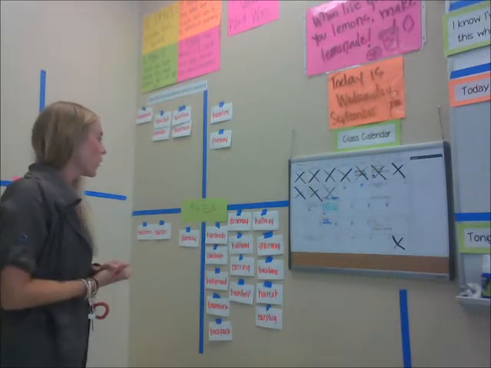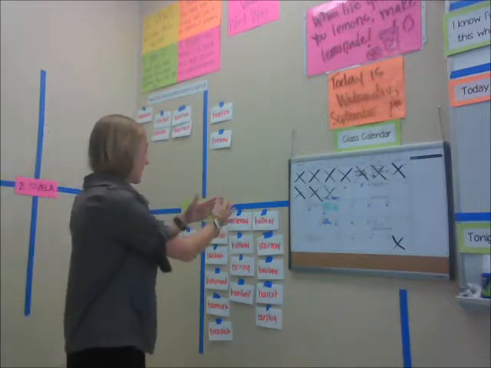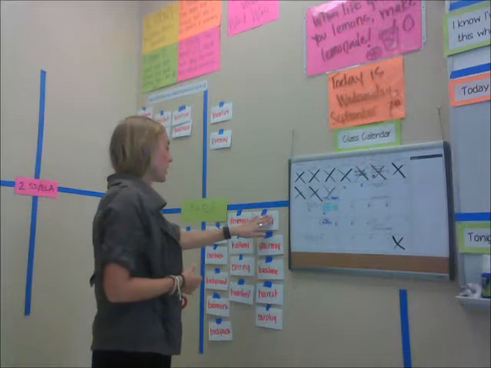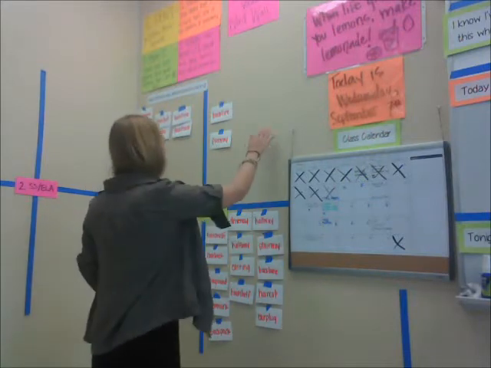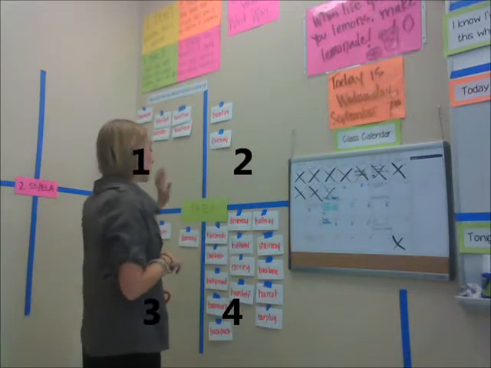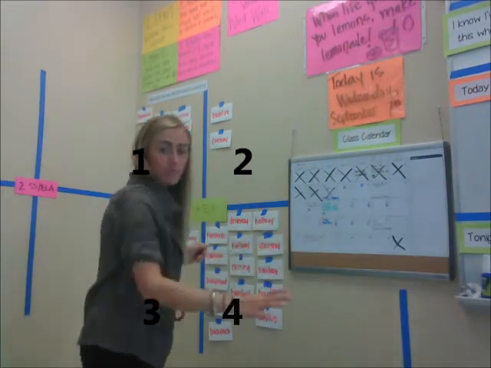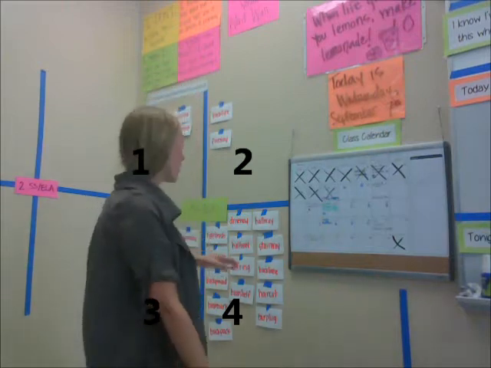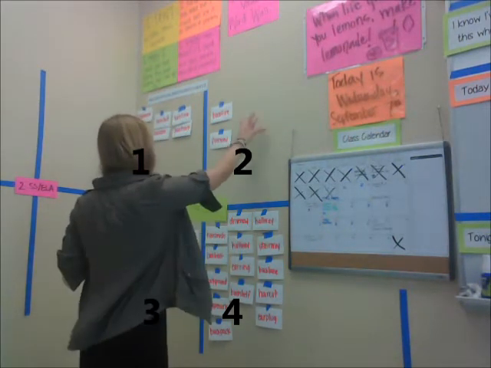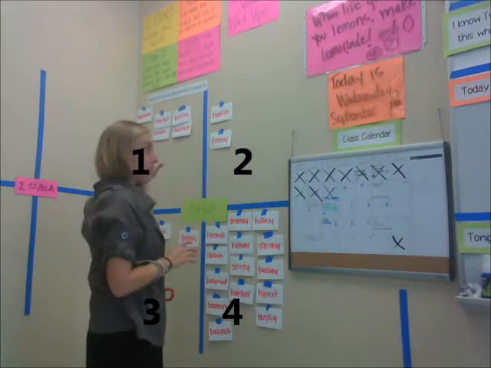And you see a word in this quadrant that you don't know, then you need to move that word backwards to one of the other quadrants. Okay? This is quadrant 1, 2, 3, and 4. So if you don't know a word and it's in that fourth quadrant, you need to move it back to 3, 2, or 1. Okay?